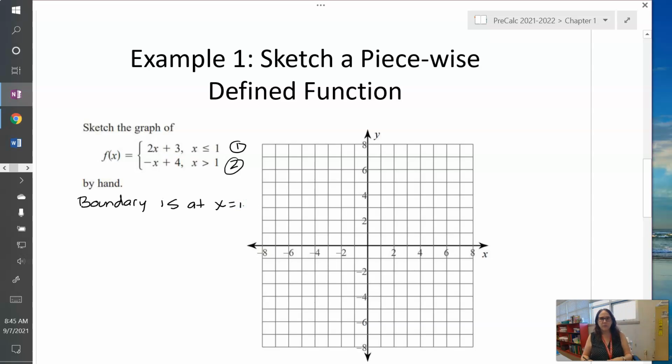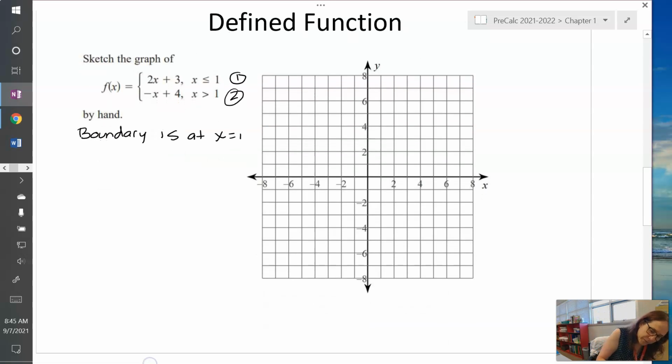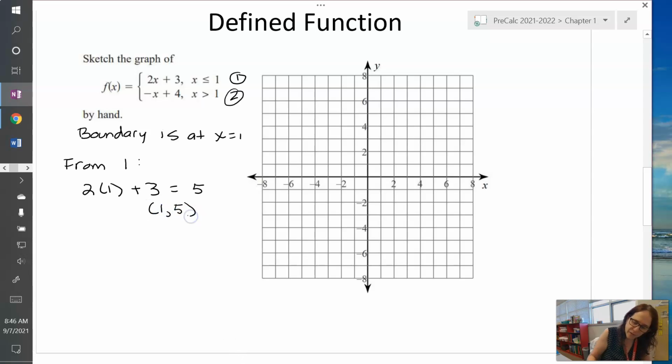What I'm going to do is calculate the value at the boundary. From part 1, we have 2 times 1 plus 3, which equals 5. So I'm going to have a point at (1, 5).